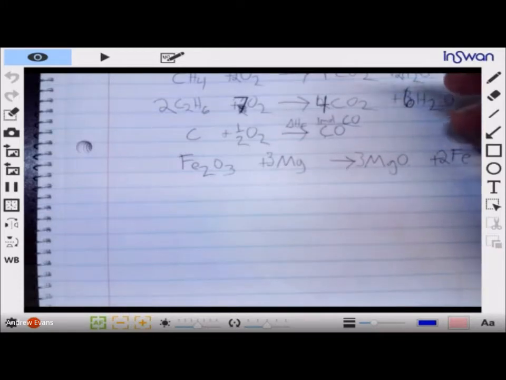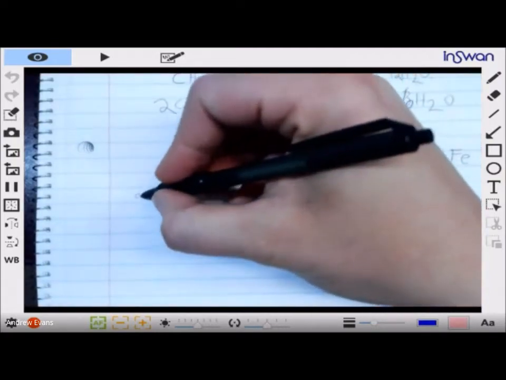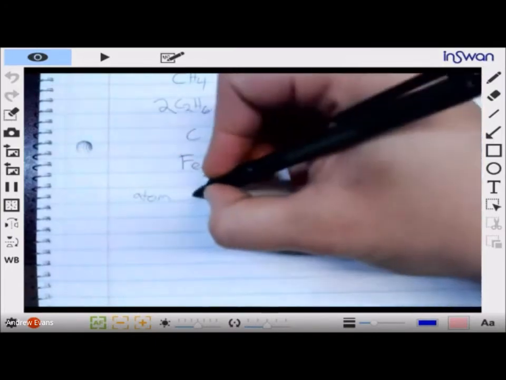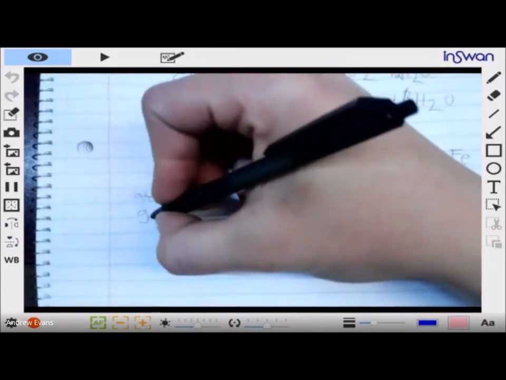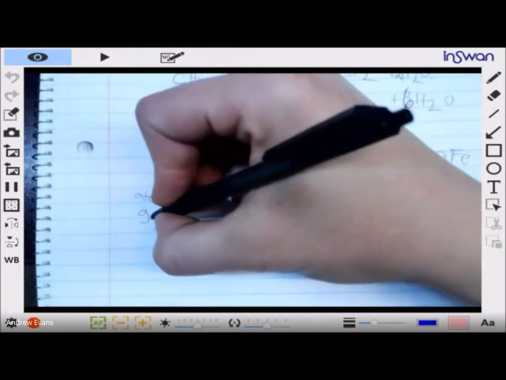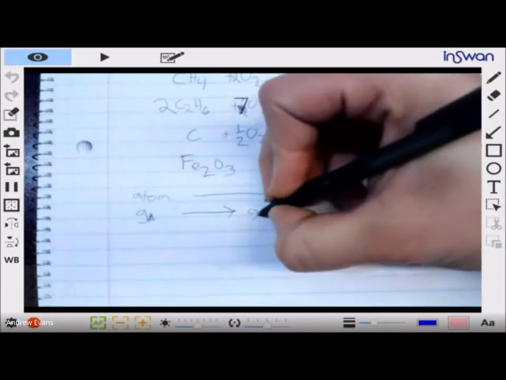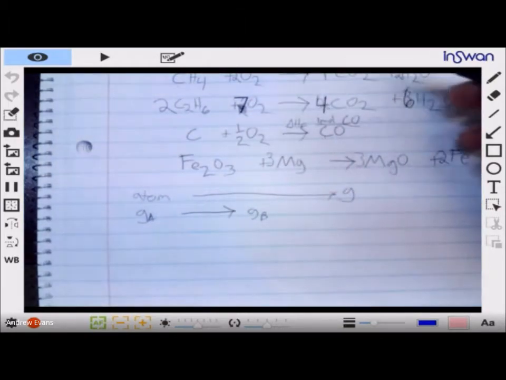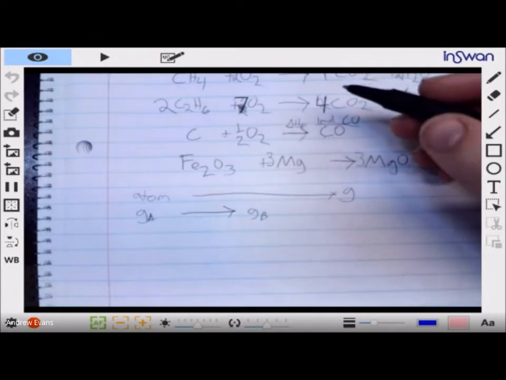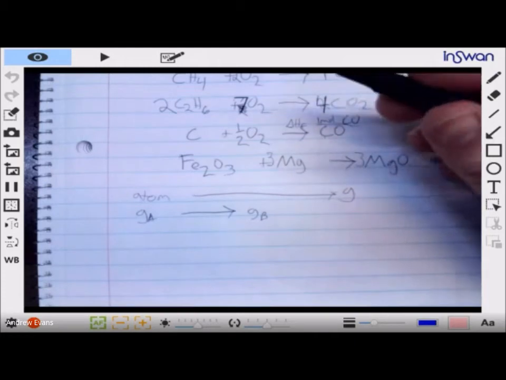Now, why do we need to balance these? Previously we went from atoms to grams, but we also have to go from grams of compound A to grams of compound B. Because each compound has a different weight, each compound can't be directly compared.